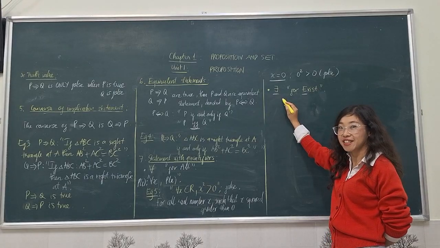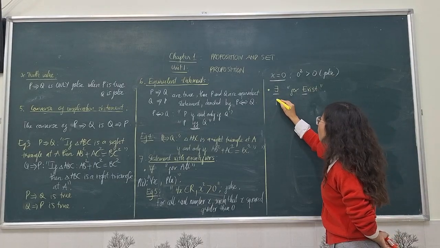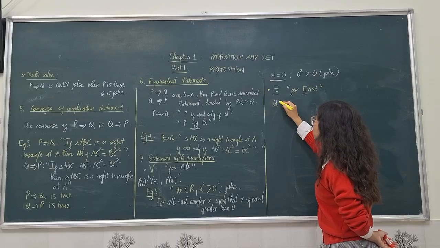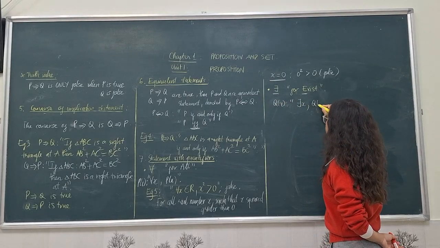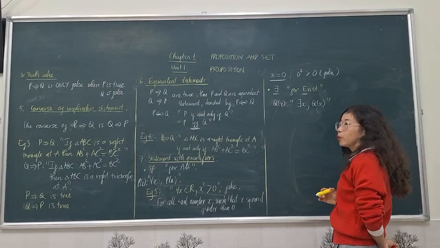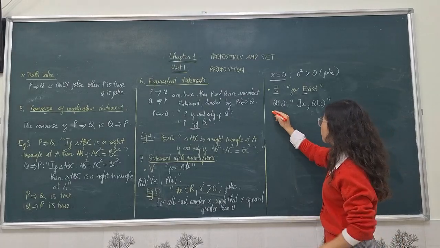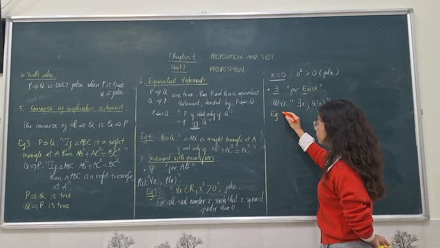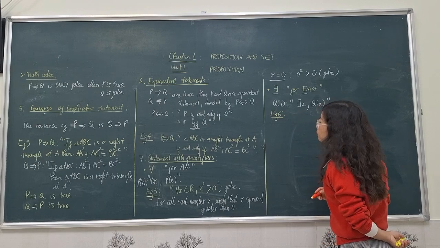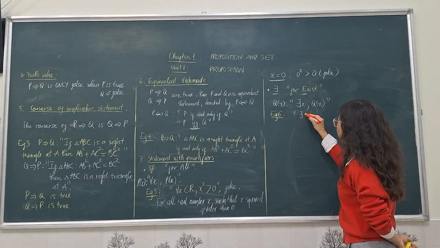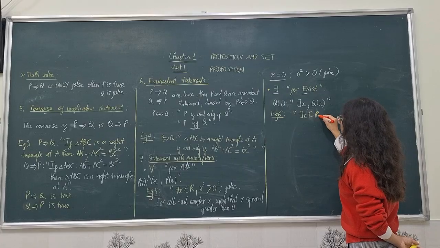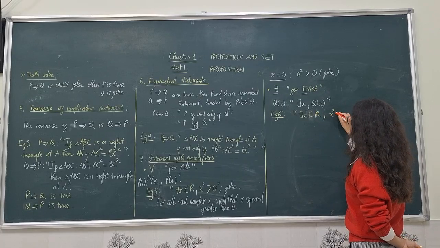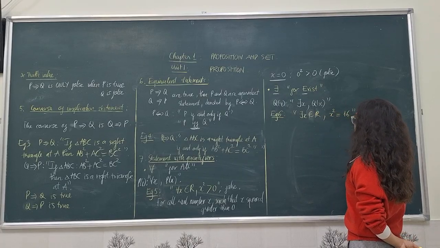It's called "there exists," and it's the keyword in a statement. For example, there exists x belonging to the real numbers such that x squared equals 16.